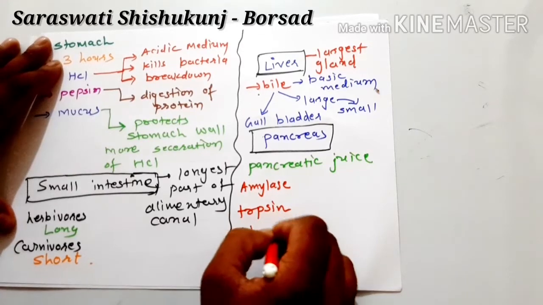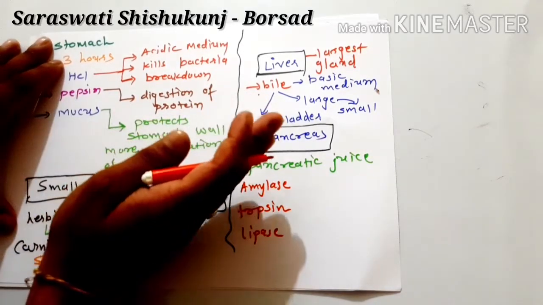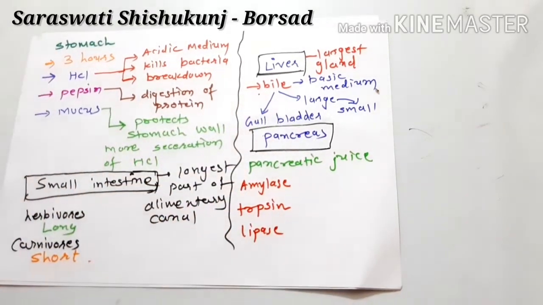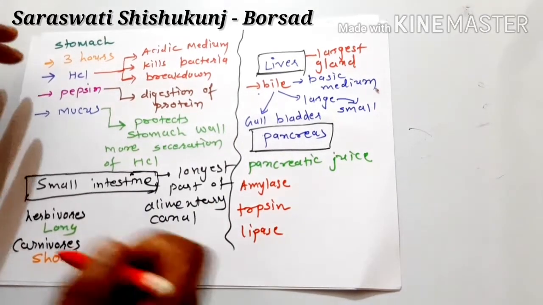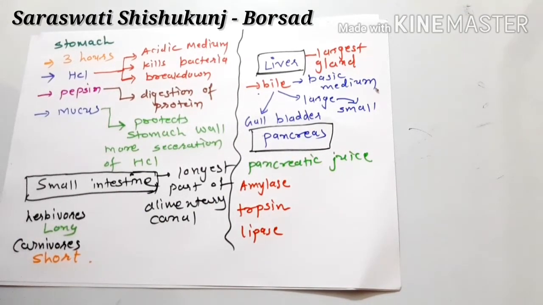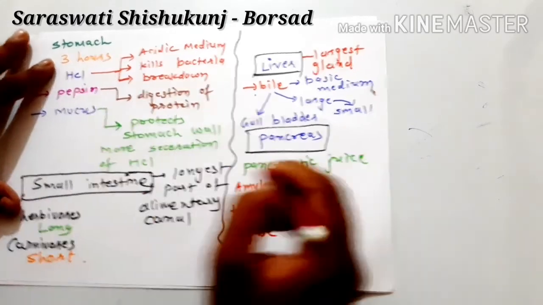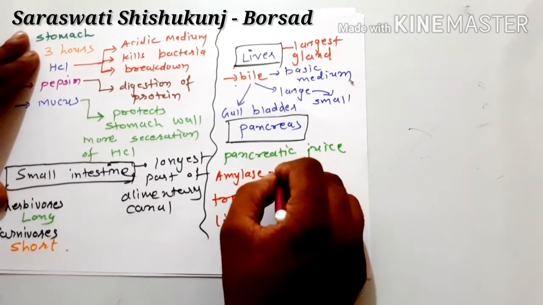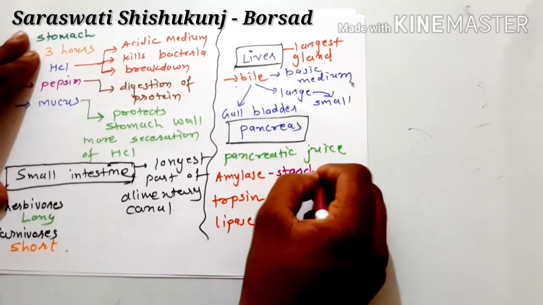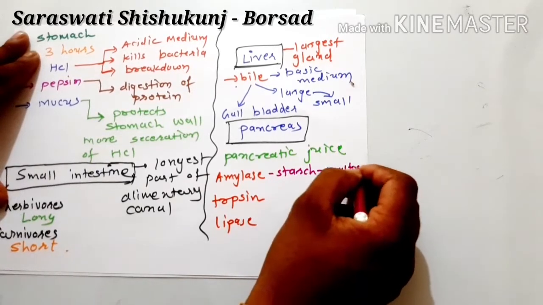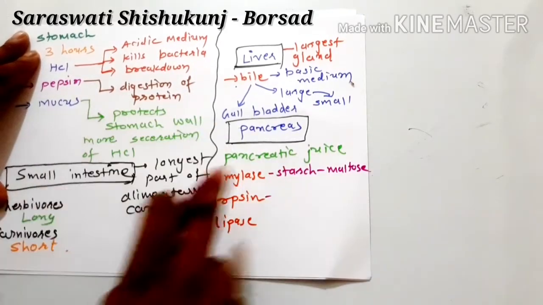Now what is the function of amylase, trypsin, and lipase? As we have studied, what will amylase do? Amylase will convert starch into maltose, so it helps in digestion of starch.